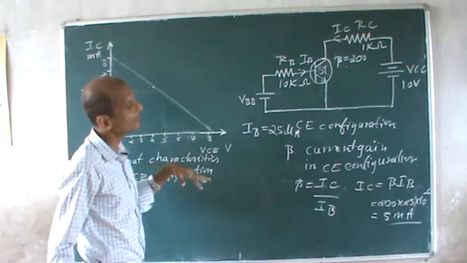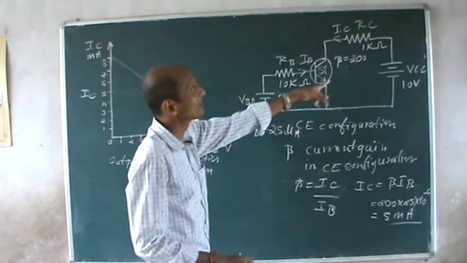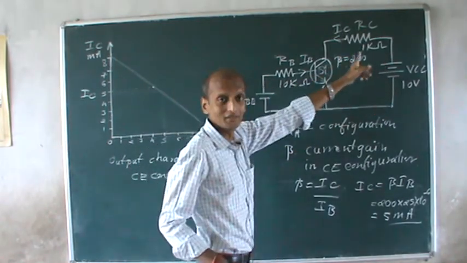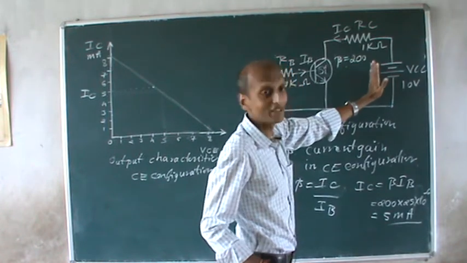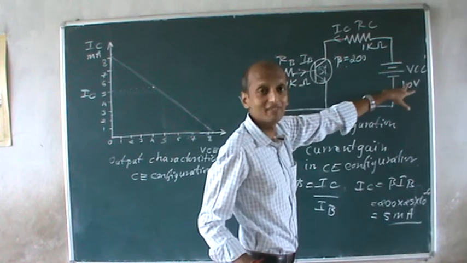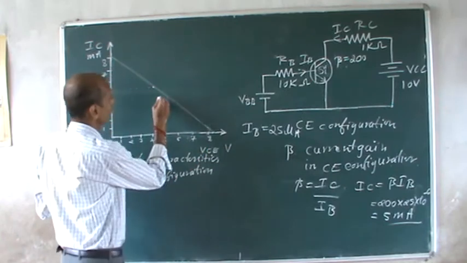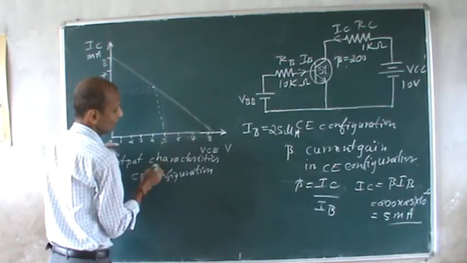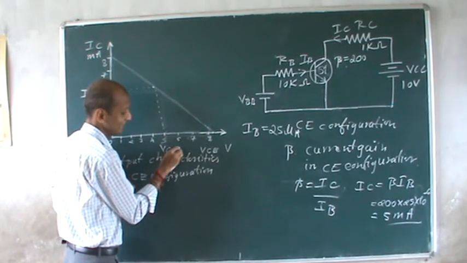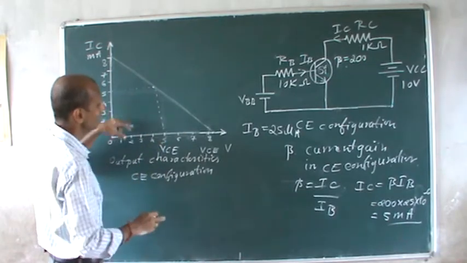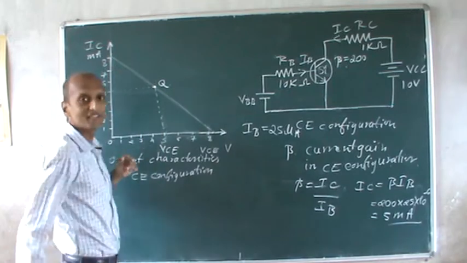Likewise, I can calculate VCE with the formula we discussed last class. That will come out to be some 5 volts. So if I go for the intersection point, this will be your Q point.